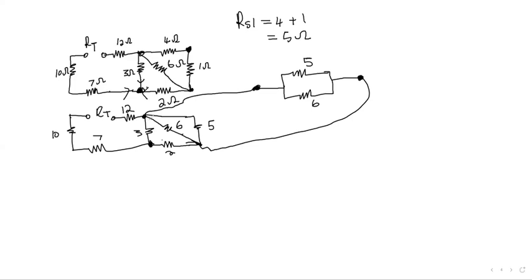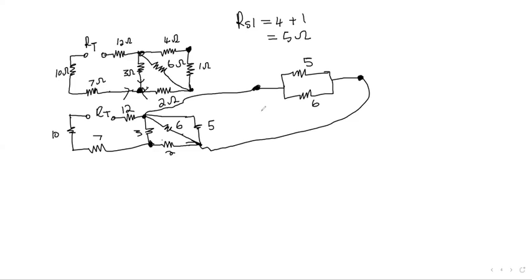It's just that on the circuit, the way it was drawn, if I redraw it as it is, it's going to look like a junction, but it's not really a junction. So that is just a confusion for you. They're checking whether you understand what you're doing or you don't understand. You see how 5 ohm and 6 ohm are connected.